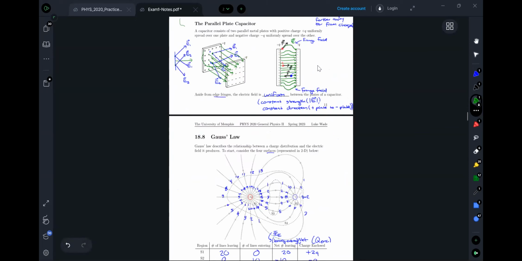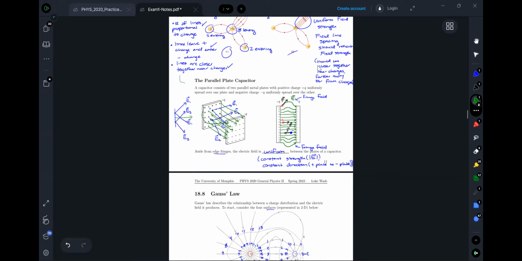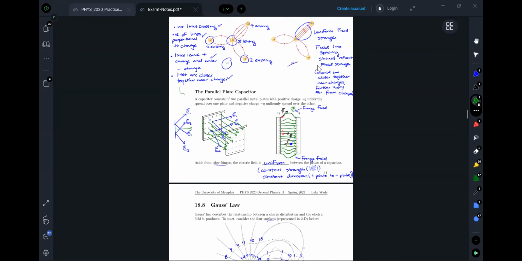Capacitors. So what's unique about the electric field for a capacitor? Straight across.